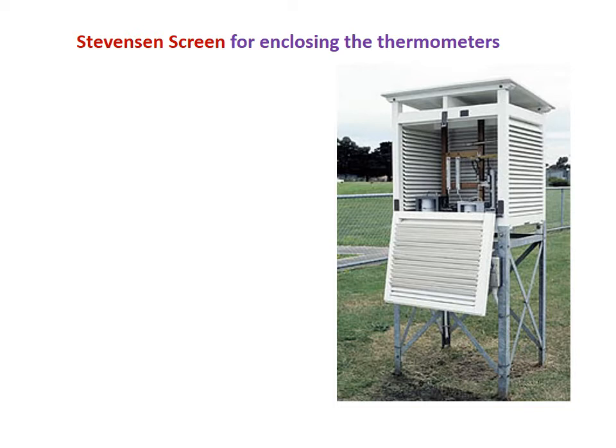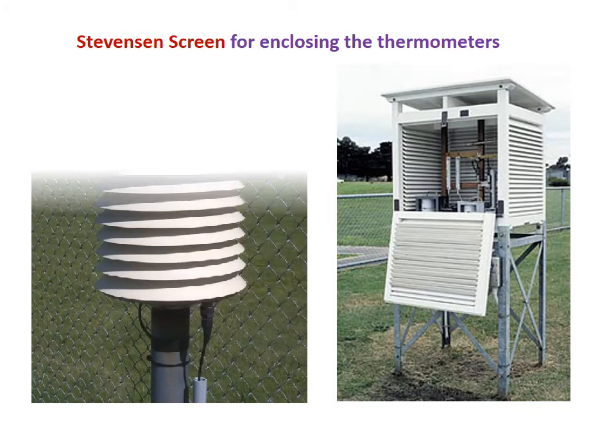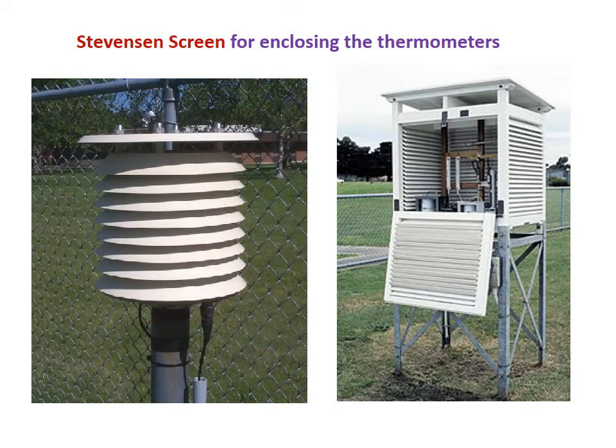Nowadays you see a lot of electronic thermometers, and you will not find such a detailed Stephenson screen or box of the olden type in modern instruments. You will see a much more compressed Stephenson screen, and inside that you have the electronic thermometers, or thermistors, as we sometimes call them.